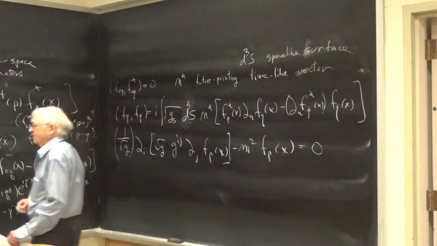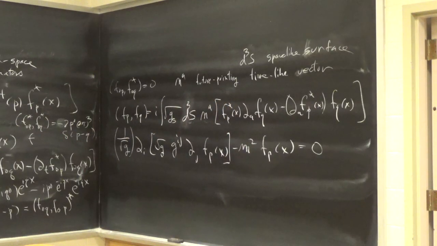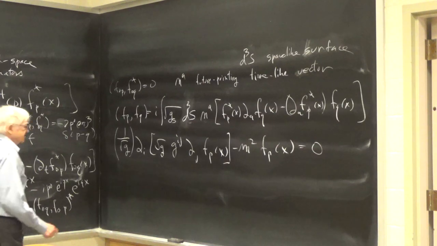And over here, g lower ij, of course, is the metric of space-time. G upper ij is the inverse metric, so that is delta ik. So that's what the g upper ij means here.